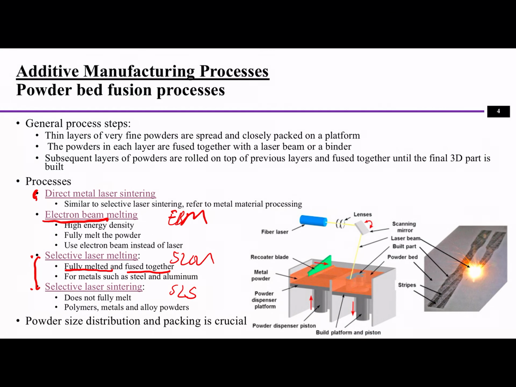All right, so that's about powder bed fusion processes. There are many processes, and some typical factors that affect the quality are the powder raw material, which is the powder particle size, the shape, the packing factor, all those typical powder metallurgy characteristics, and it is going to affect the quality of the melting or sintering as well.